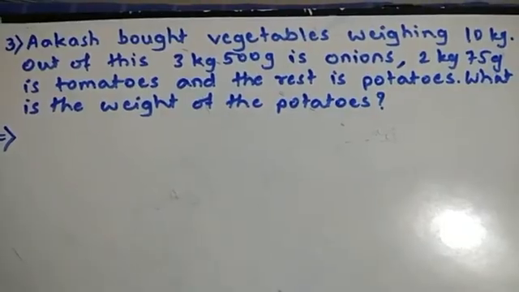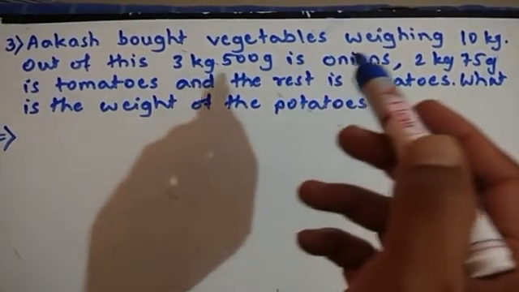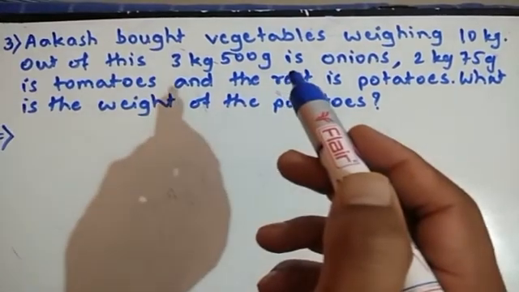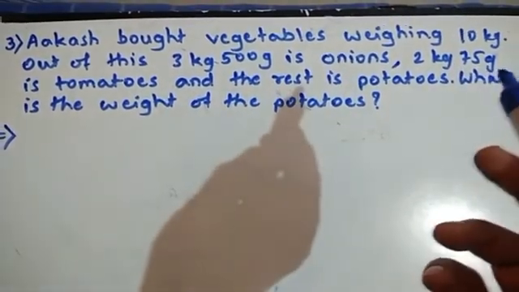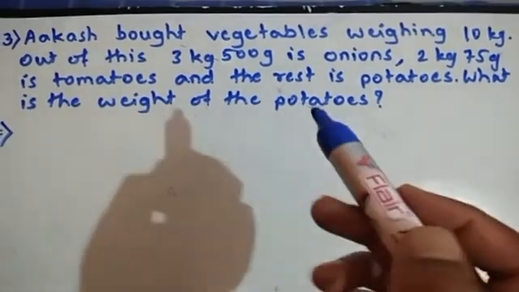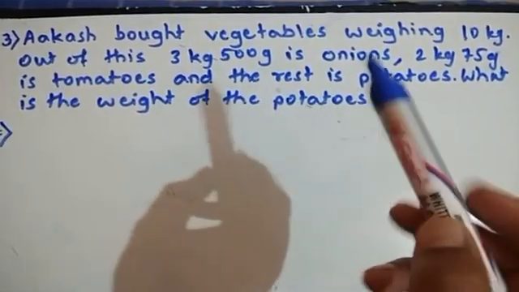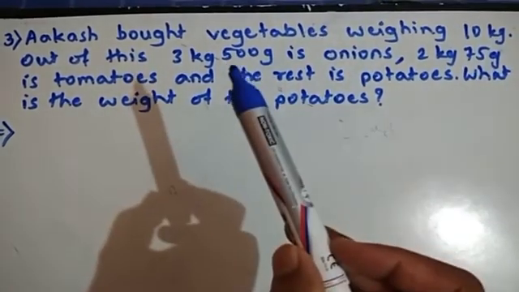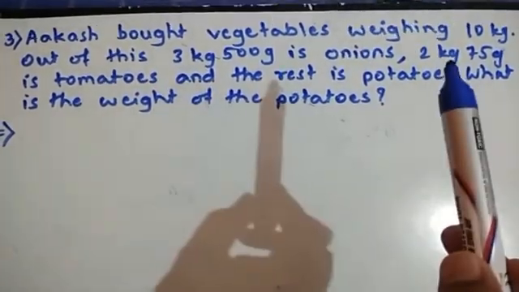Next question is, Akash bought vegetables weighing 10 kg. Out of this, 3 kg 500 gram is onions, 2 kg 75 gram is tomatoes, and the rest is potatoes. What is the weight of the potatoes? The question is that total vegetables bought, that is 10 kg. Out of that, 3 kg 500 gram is onions and 2 kg 75 grams is tomatoes.